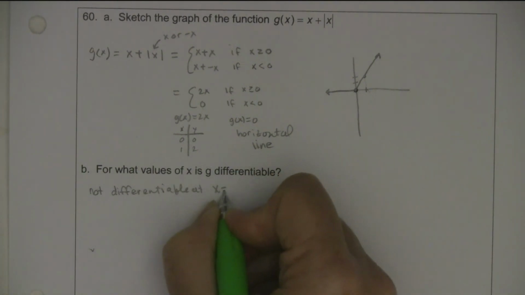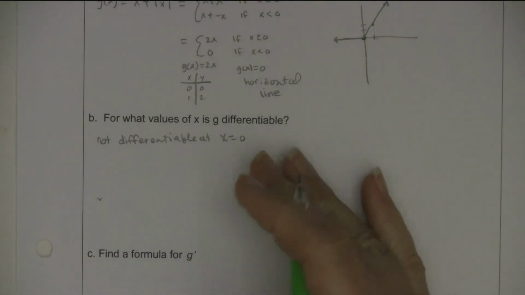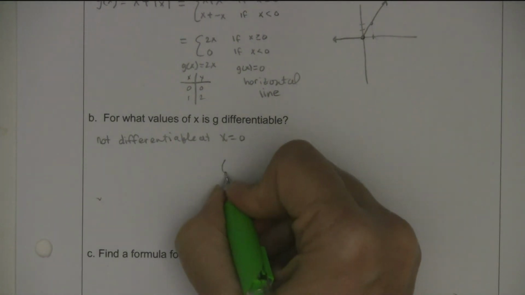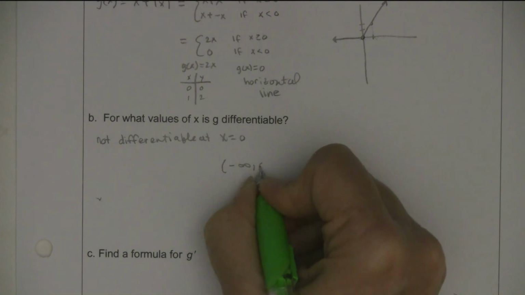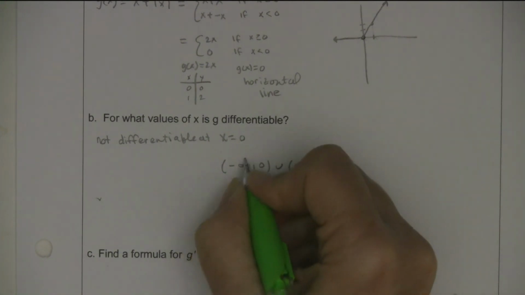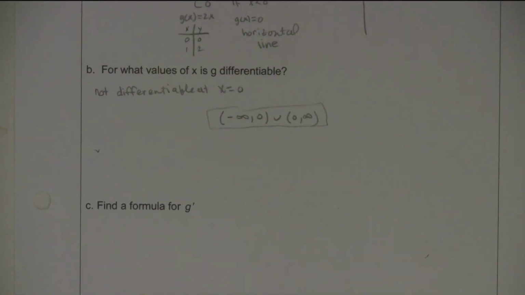So everywhere else, I just want to leave out 0. This is where I would be able to find the derivative: any value between negative infinity and positive infinity, except 0.